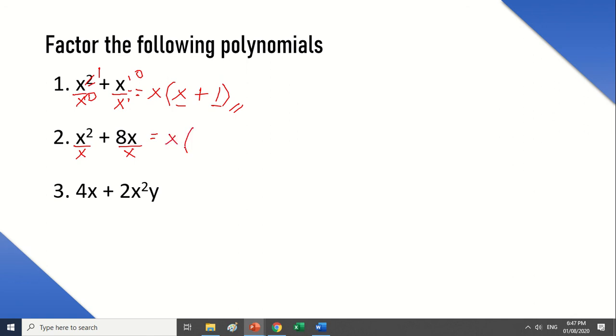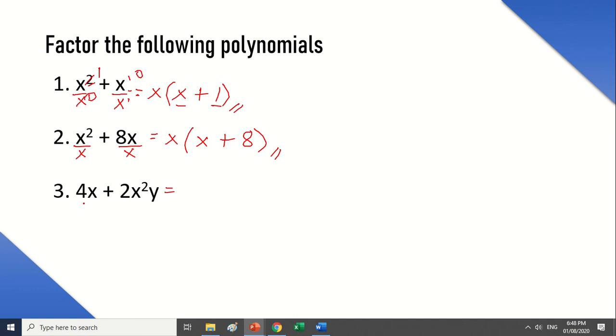So x squared divided by x is x. Then plus 8x divided by x is 8. Then final answer. Ganun lang po siya kadali. Hahanapin lang kung sino yung factor, or let's say greatest common factor. Greatest common factor of each term.